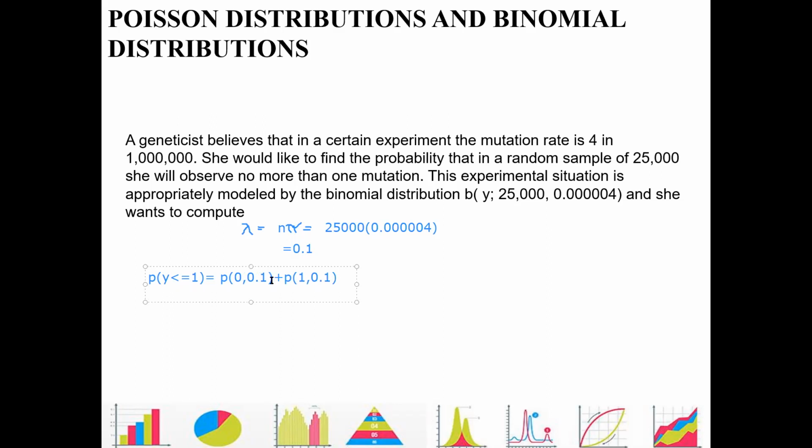Equal to e raised to negative lambda 0.1, multiply by lambda 0.1 raised to 0 over 0 factorial, plus e raised to negative 0.1 multiply by 0.1 raised to 1 over 1 factorial.